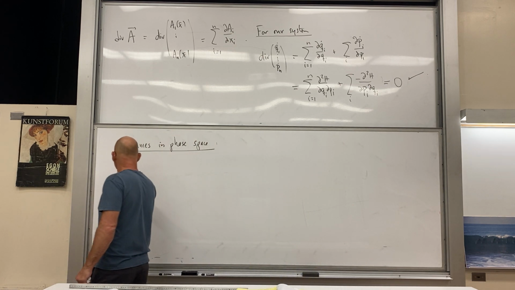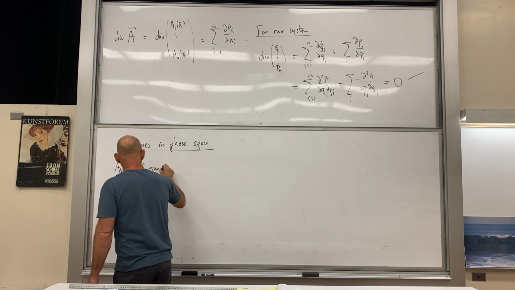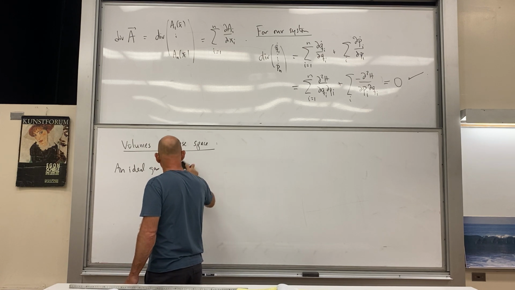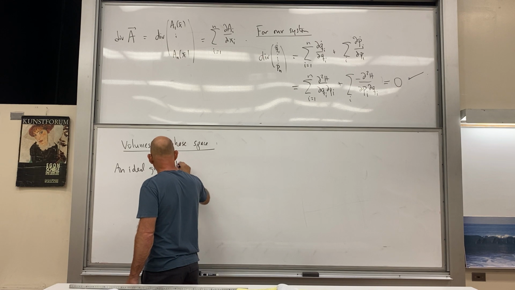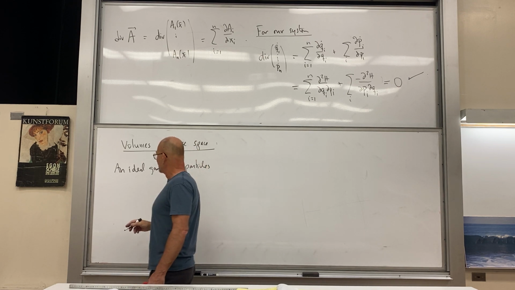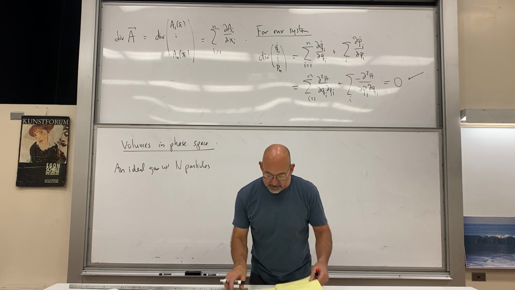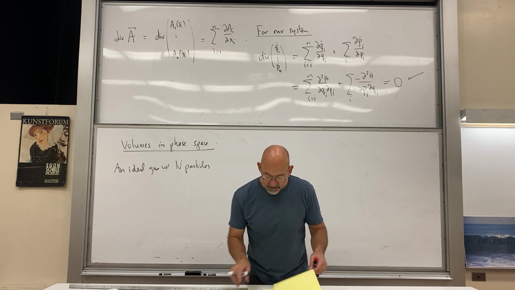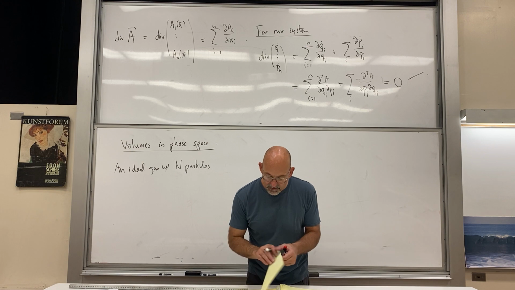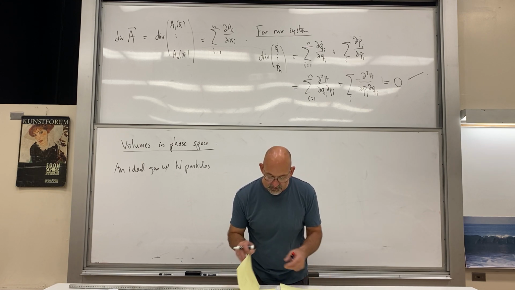So suppose we have an ideal gas with capital N particles. And what we want to do is rough in the idea of the phase space here. I think I have some decent notes on this.